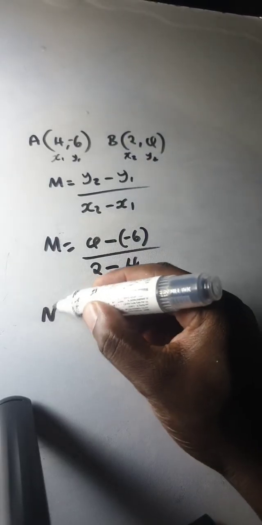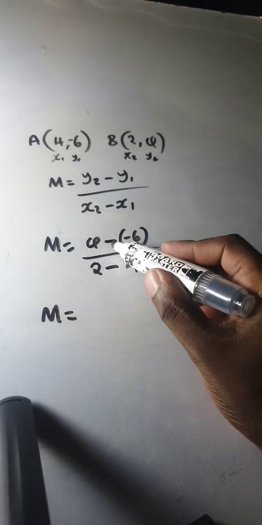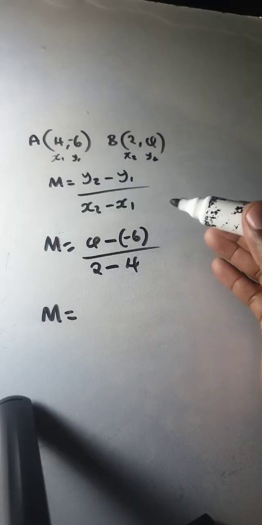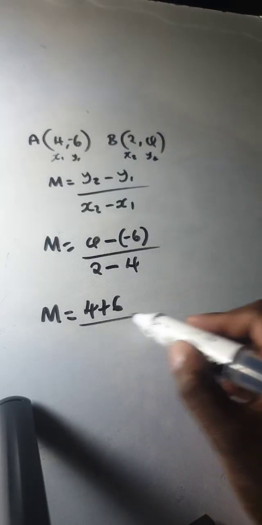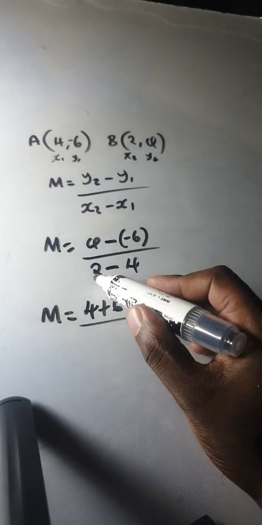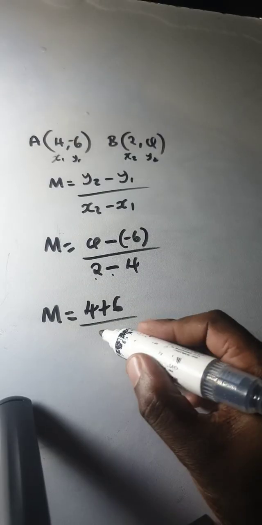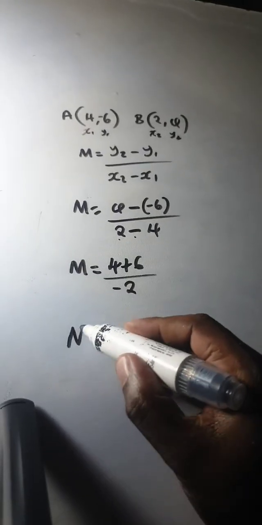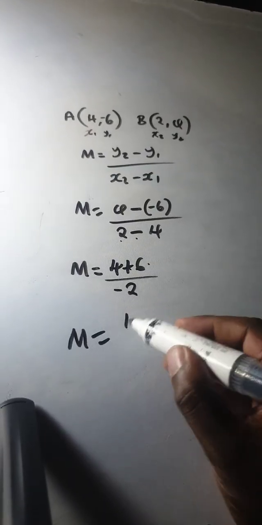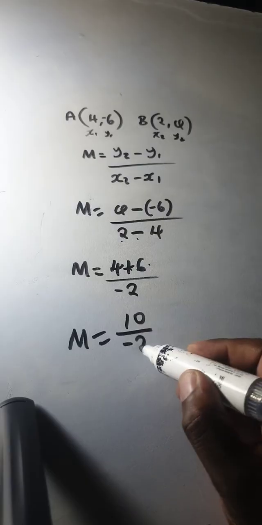Then we say gradient is equal to negative times -6 is +6. So we have 4 plus 6 over 2 minus 4, which is -2. So now our gradient will be 4 plus 6, it is 10 over -2.